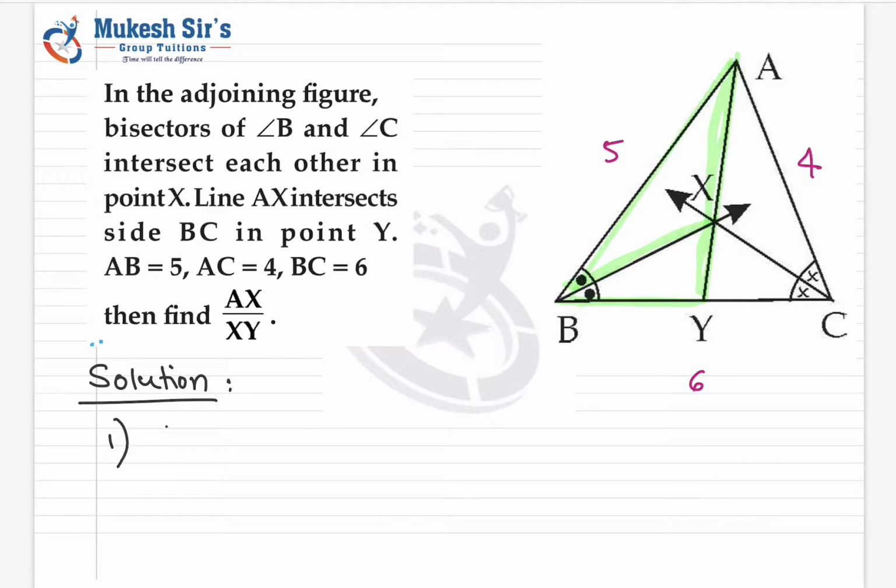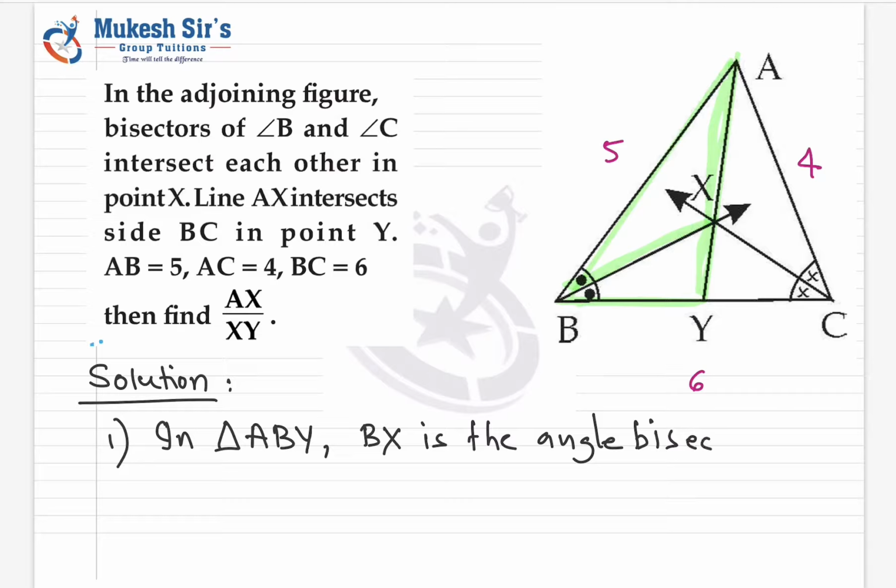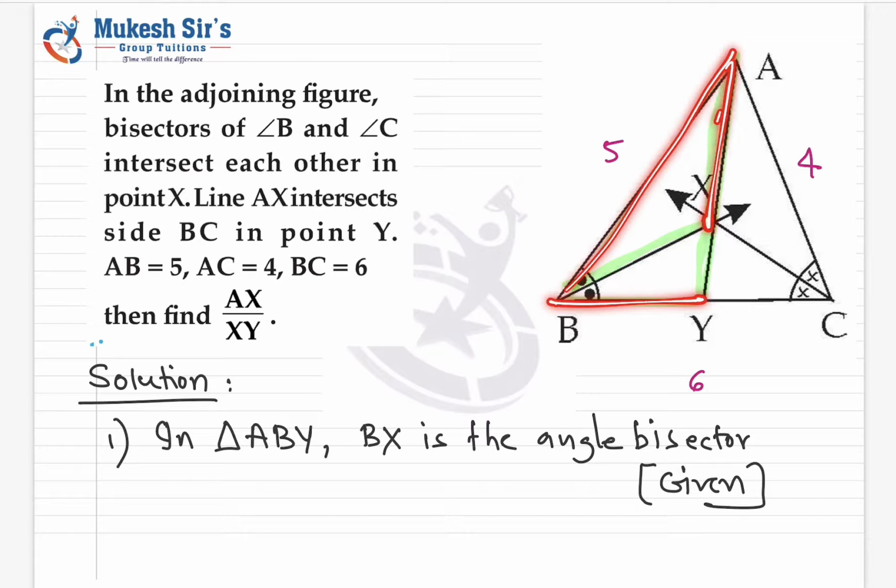So you can write, in triangle ABY, BX is the angle bisector, right? BX is the angle bisector given. So we use the property of angle bisector. If BX is the bisector, you'll get AX upon XY is equal to AB upon BY.